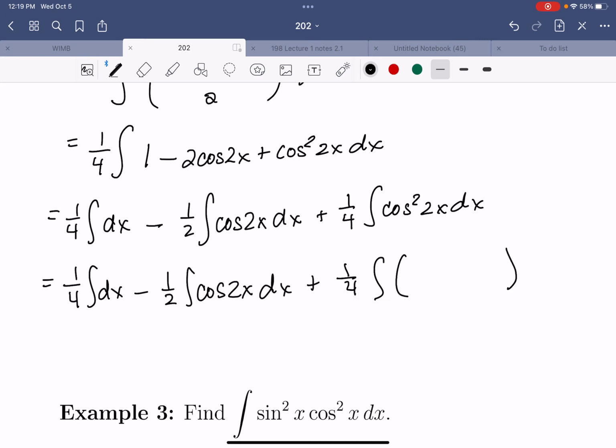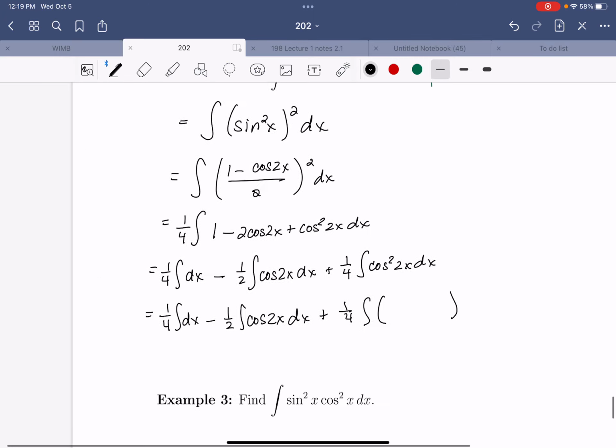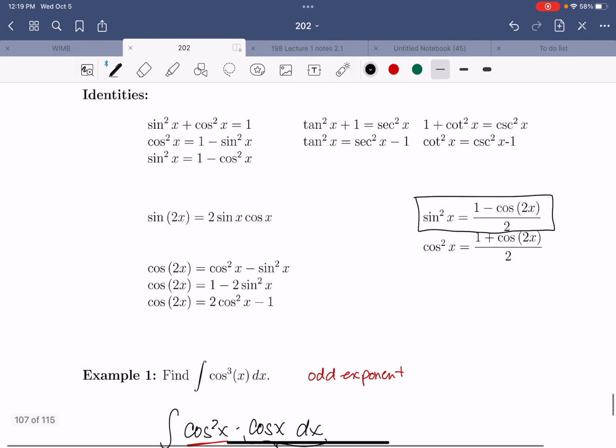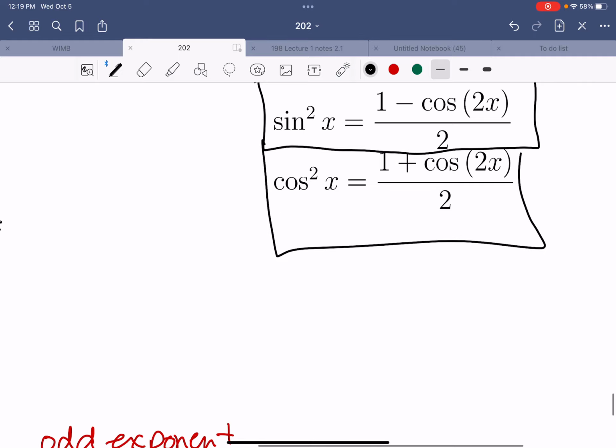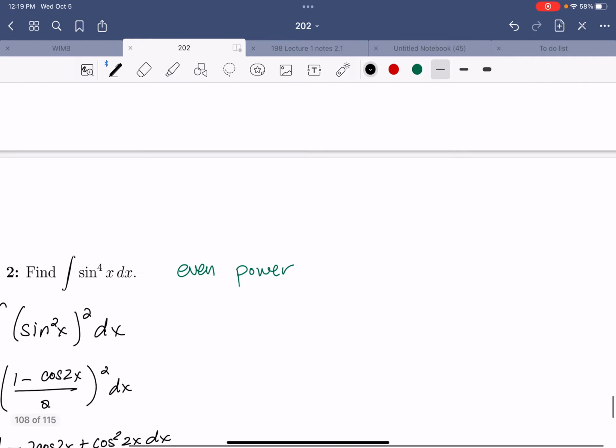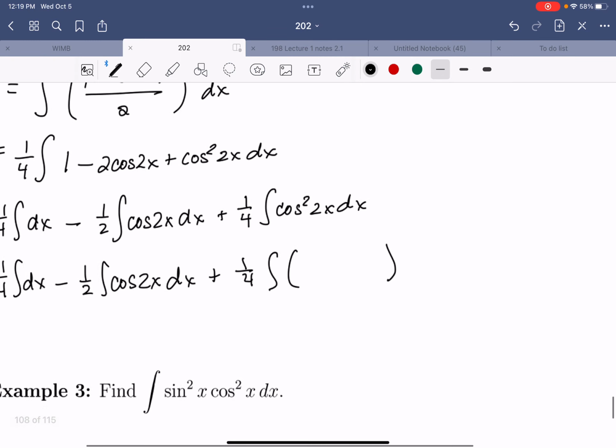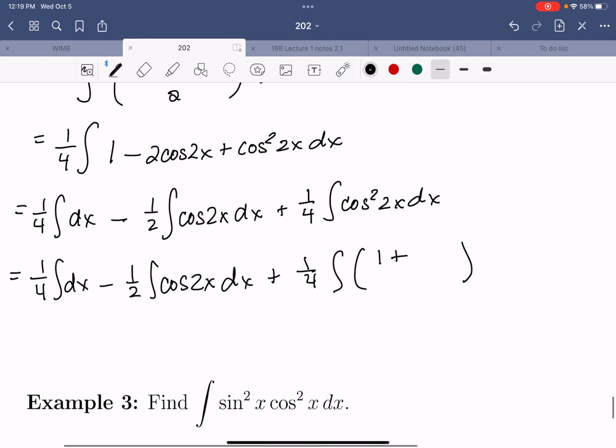And I'm going to replace the cosine squared using that same kind of identity. So if we go back up, this time I'm going to use the cosine squared one. So it's 1 plus cosine 2x over 2. So I'm plugging that in here. So 1 plus cosine. Now, originally I had 2x, and now I'm doubling that to be 4x, over 2 dx.